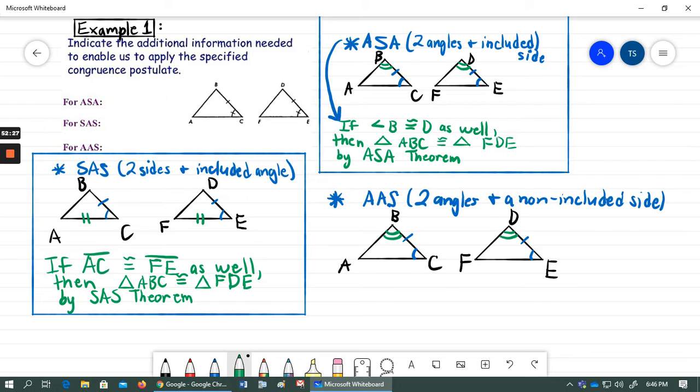So is that what we have here? When I put those two congruency marks there, did we all of a sudden have one side that was not included? I think not. I know not. No, folks. No.